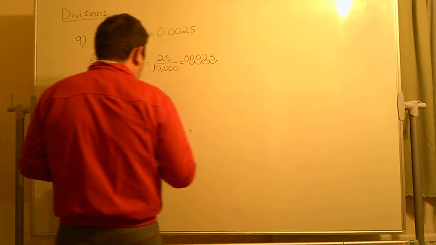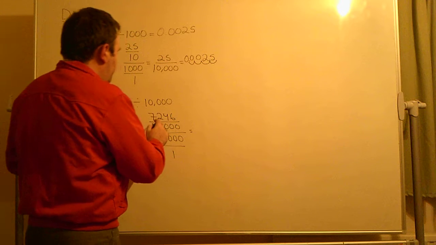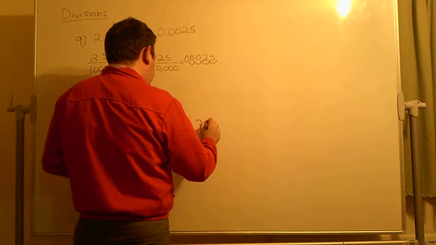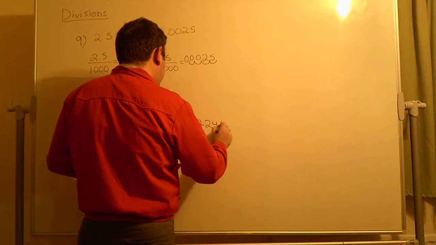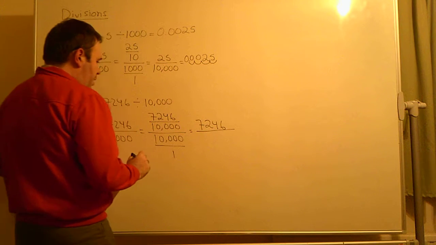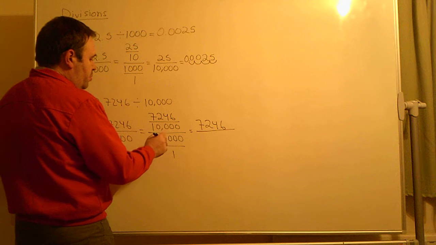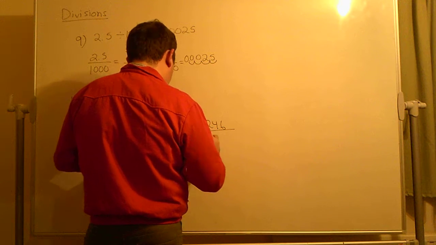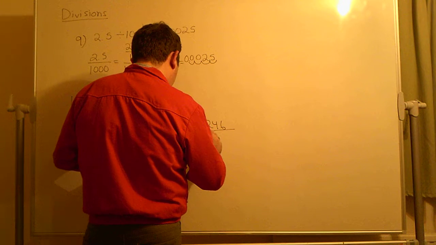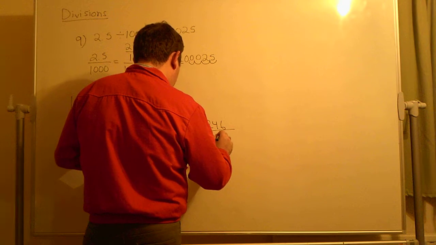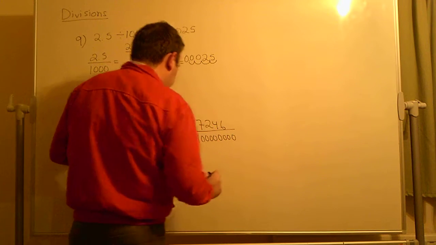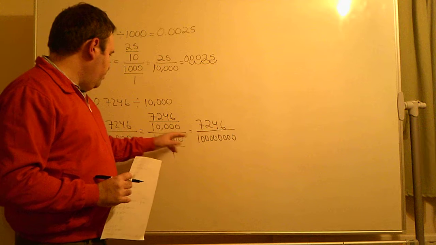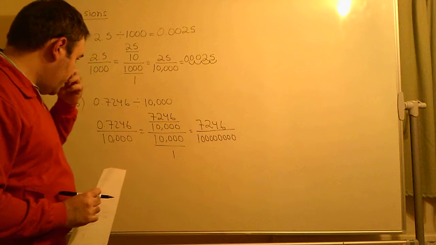And then we multiply the extremes, which will be 7,246 times 1, which is 7,246. Then we multiply these two numbers, which would be 1 followed by 8 zeros.